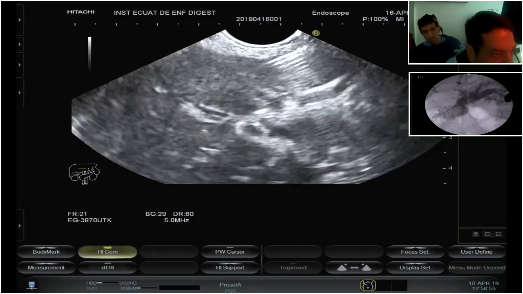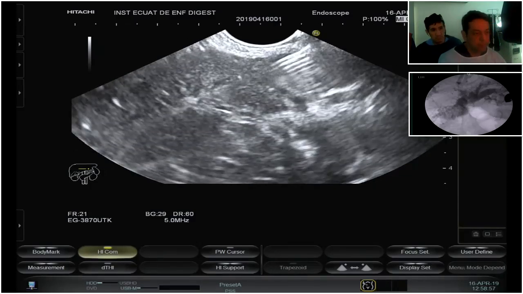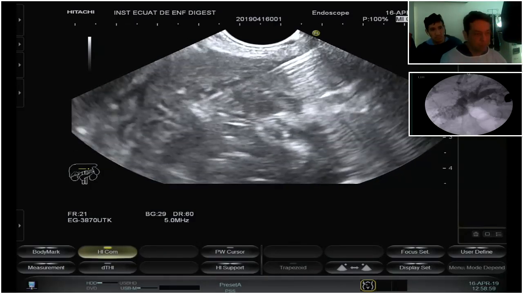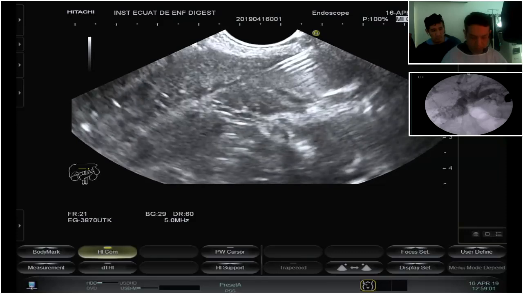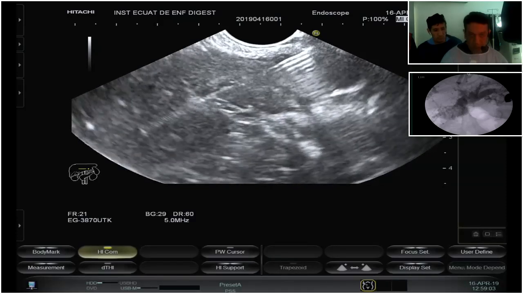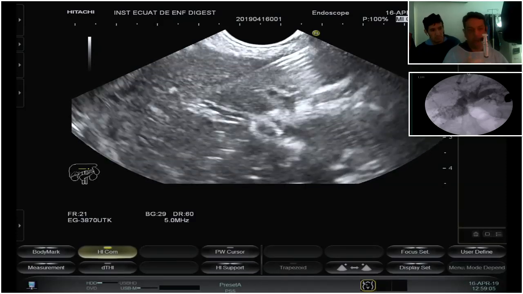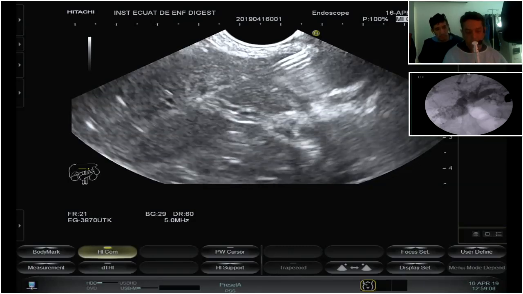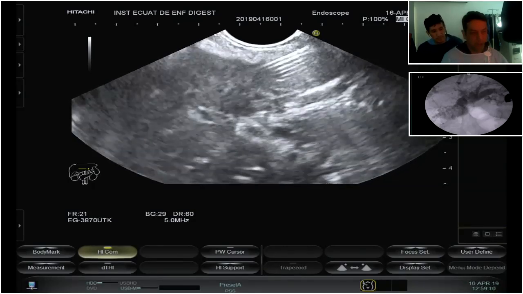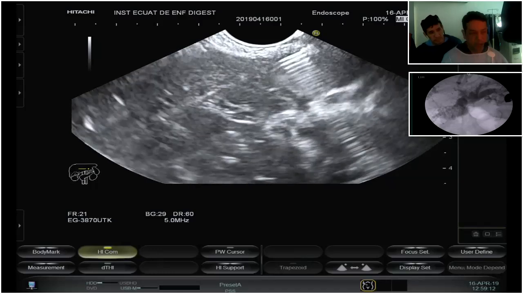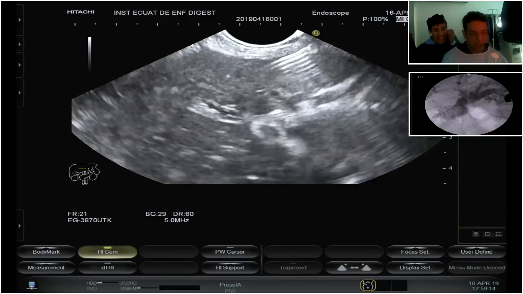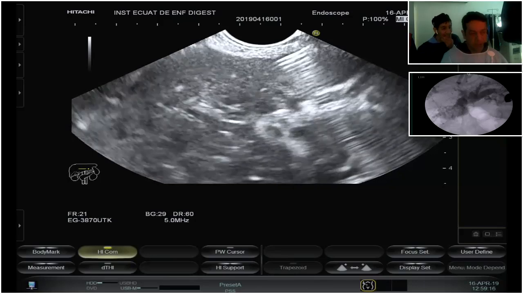So you can see my needle here. I don't use a lot of aspiration when I do my liver biopsy, because less blood could come using this 19-gauge needle.